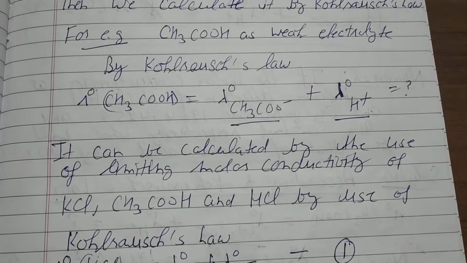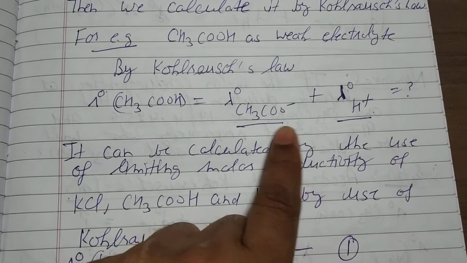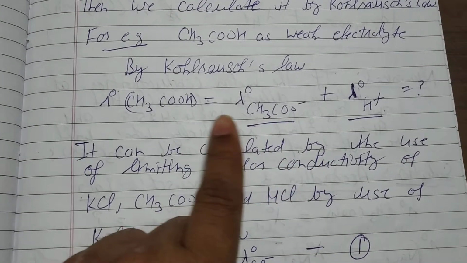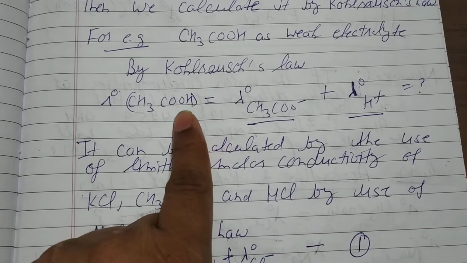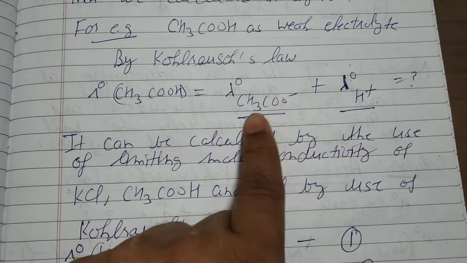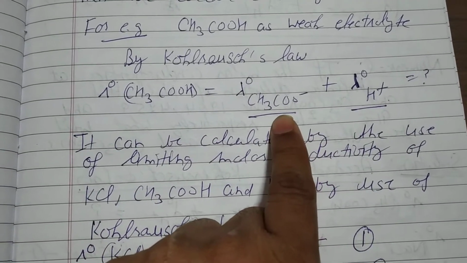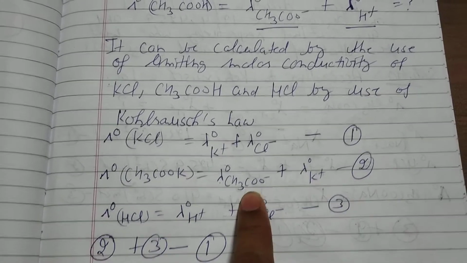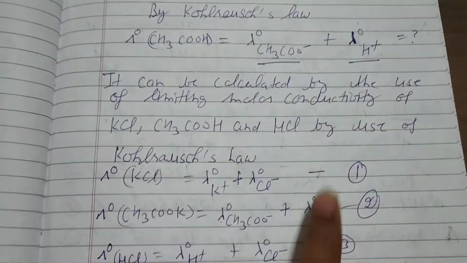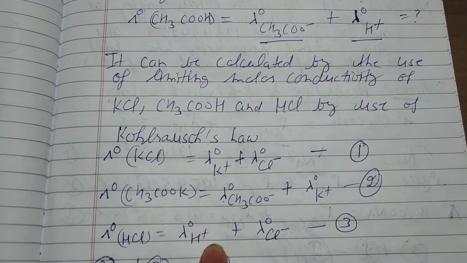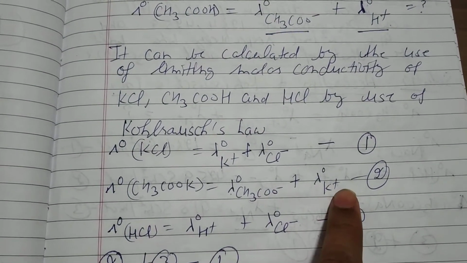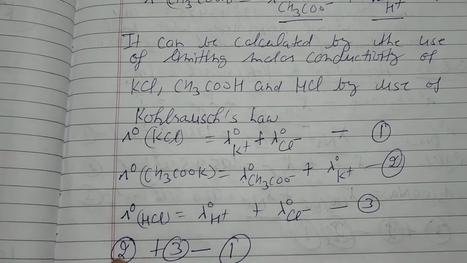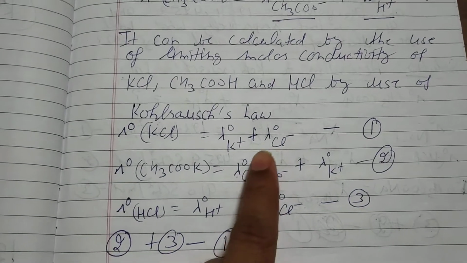Now in our numerical we have to calculate the limiting molar conductivity of acetic acid, which is equal to the sum of these two ions. This CH3COO negative is present in equation 2 and this H positive is present in equation 3. It means we have to do the sum of equation 2 and 3. Equation 1 is not required.